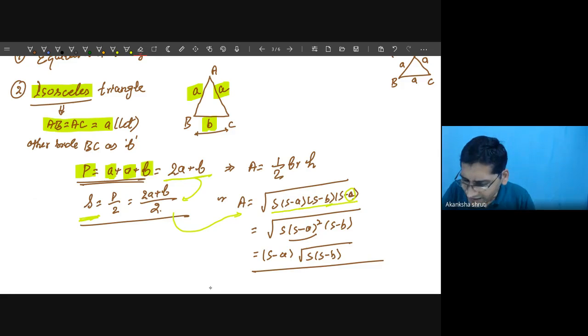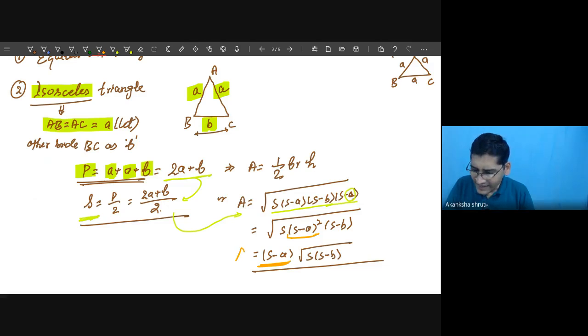So it becomes S minus A whole square, because the two side length differences become equal, and S minus B. S minus A whole square is the square term, so this term can be taken out. This square term can be written outside and the other S minus B will remain inside.